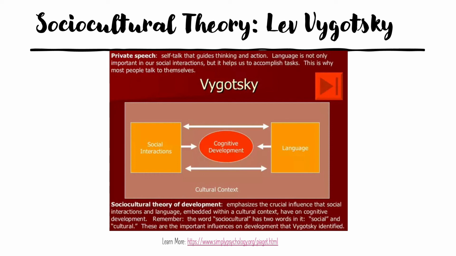One of the important things to notice in this slide is that they point out social and cultural are two different words, and that you need both. These are important influences on development.